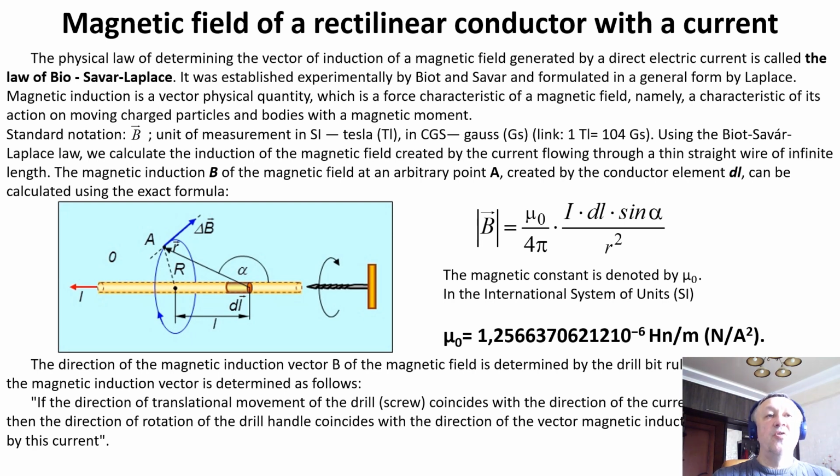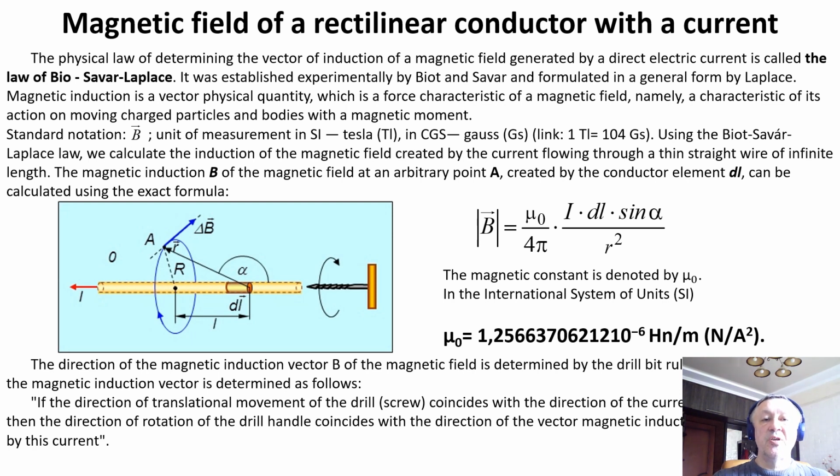The direction of the magnetic induction vector B of the magnetic field is determined by a well-known drill rule. This law is determined as follows.